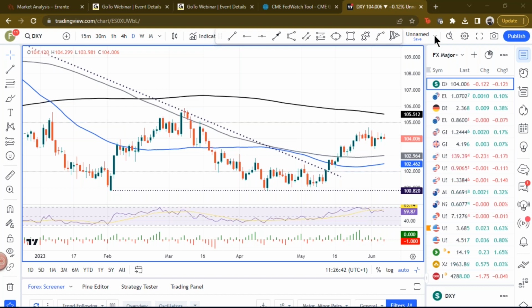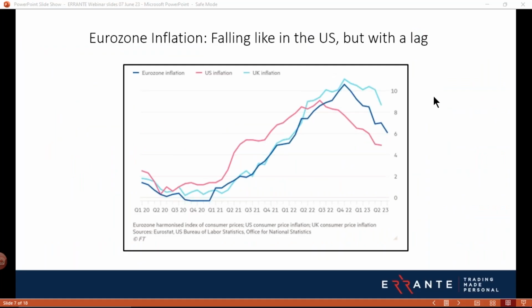Otherwise, let's look at Eurozone CPI, which is always an important number for the ECB. Just bear with me, I'll pull up a chart of inflation. This maps Eurozone inflation against US and UK.